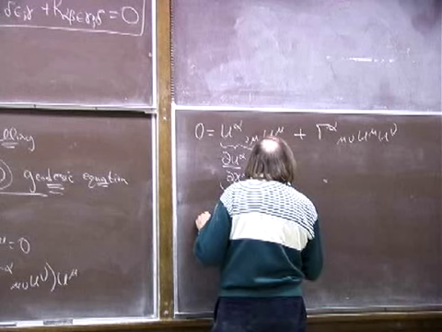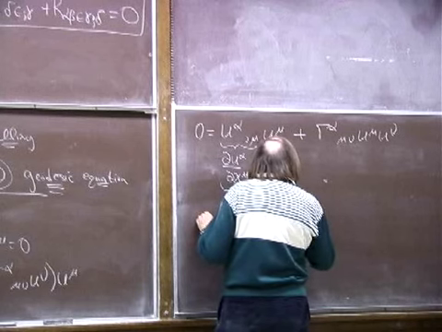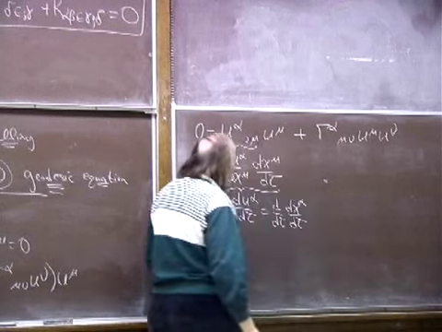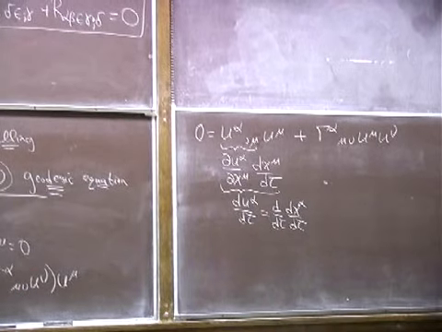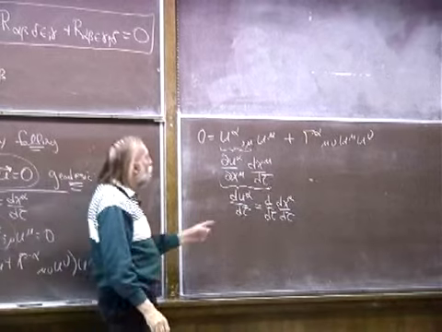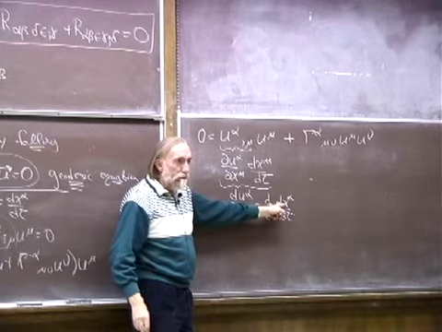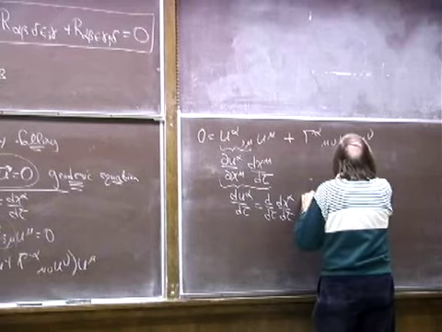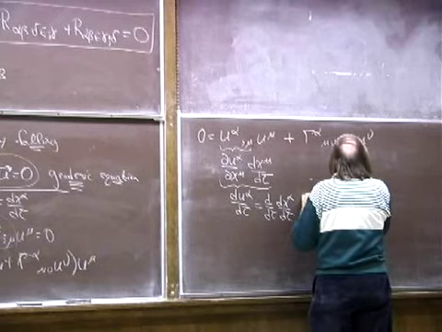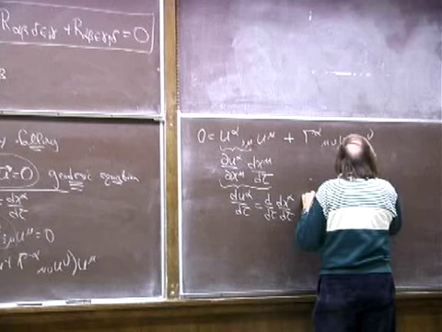So this is d by dτ of dx^α/dτ. And so I have a double time derivative with respect to proper time of the coordinate location of the particle. And each of these u's is a dx^μ/dτ and dx^ν/dτ.